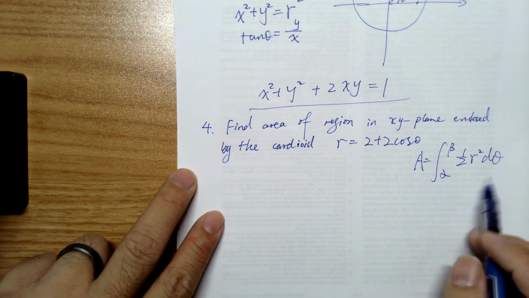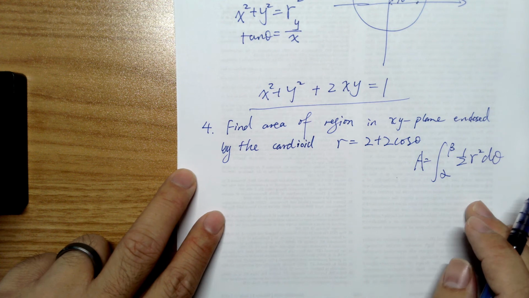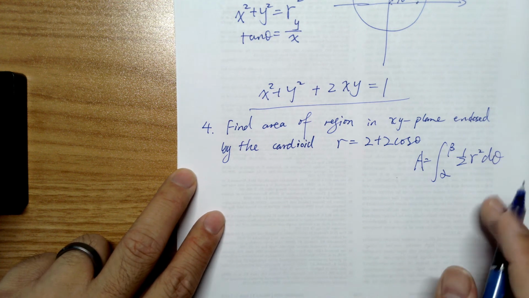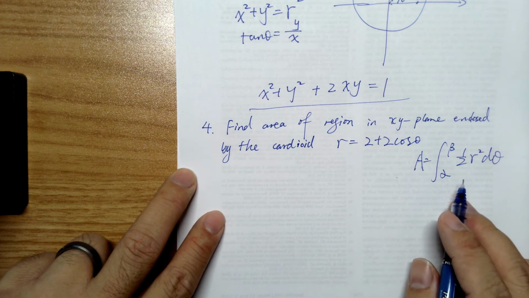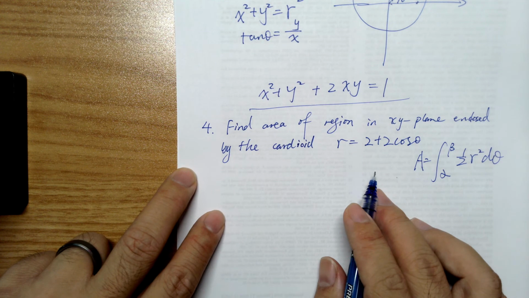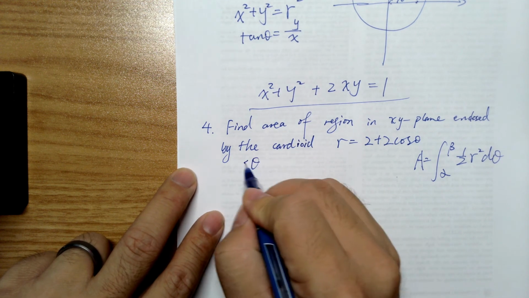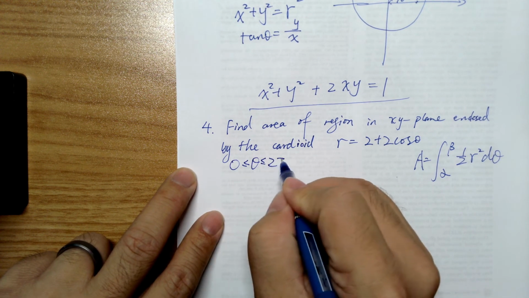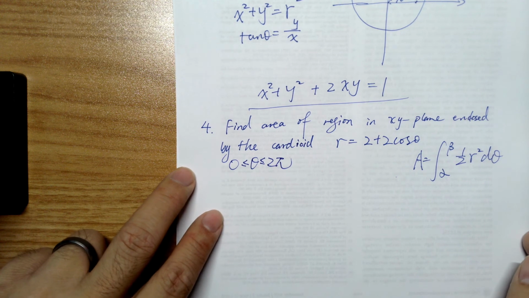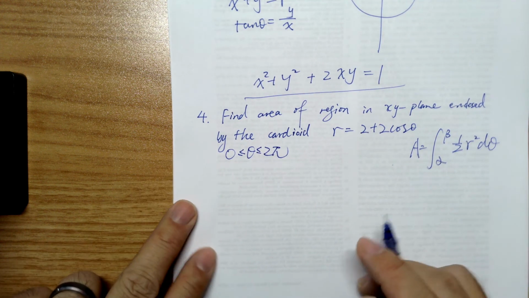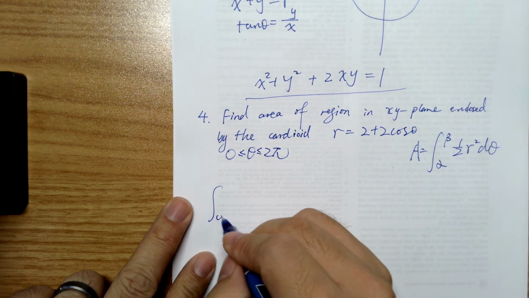So that's the area formula here. The problem, you can think about it, is we want the area of this cardioid. So theta is going to be from 0 to pi. Okay. So following those two, we can set up our integral.